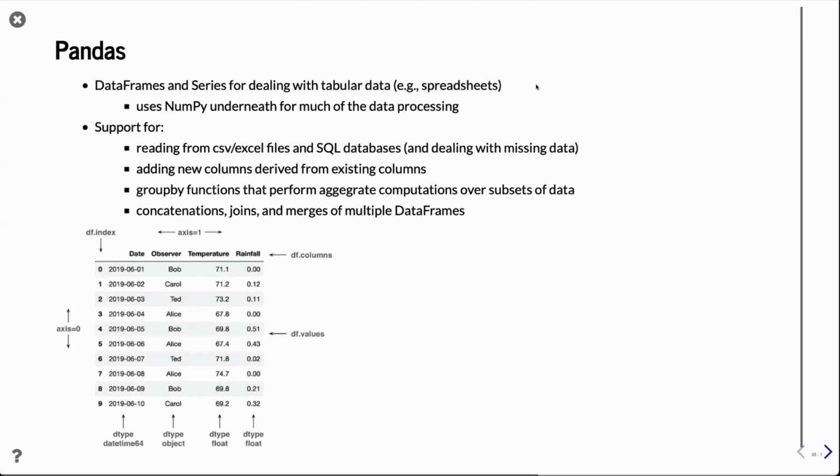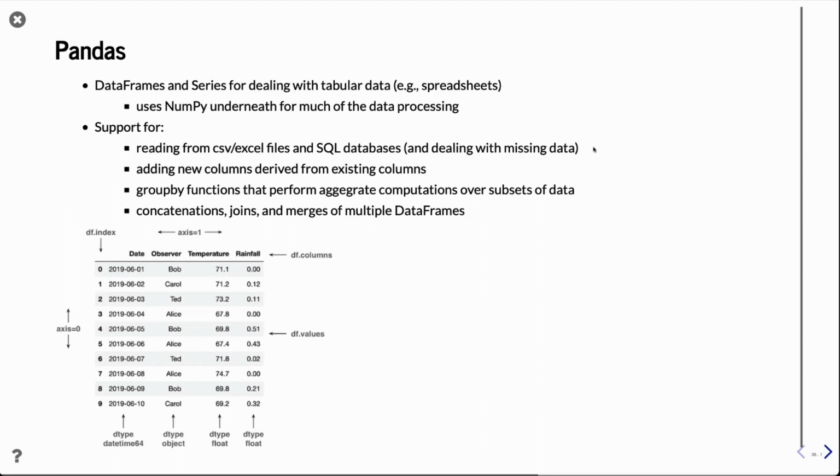And these are very similar to what you work with if you've done things in R, for example, data frames, which are conceptually very similar. And Pandas uses NumPy underneath for much of the data processing. So Pandas provides support for reading from CSV or Excel files, or for connecting to SQL databases and getting data tables based on SQL queries that you can issue.